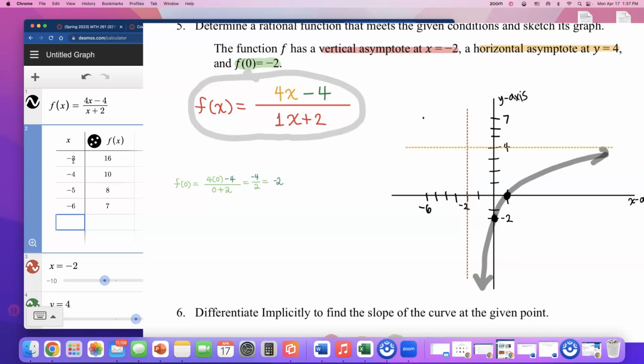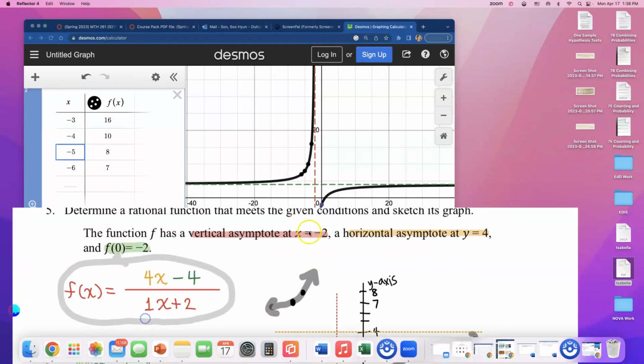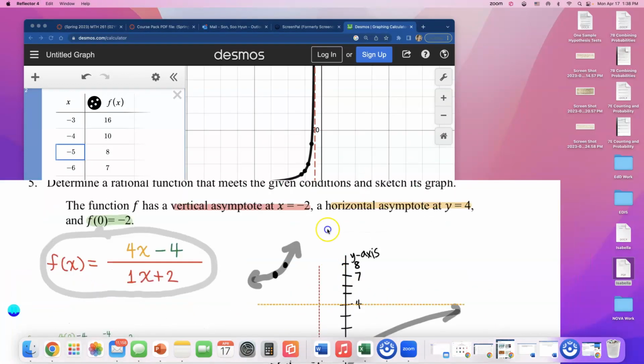So I'll have a point right here. I was just graphing negative 6, negative 7, and I'll have another one at negative 5, 8. So this is negative 5 and up at 8. I'll have another point right here. But then the graph will look something like this. And that's what we have over here on the graphing calculator.